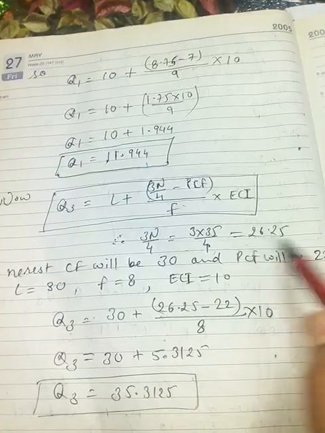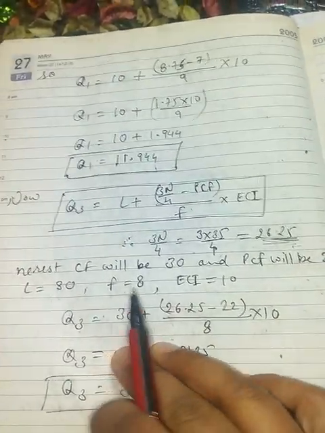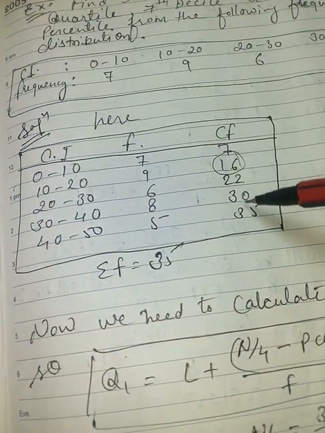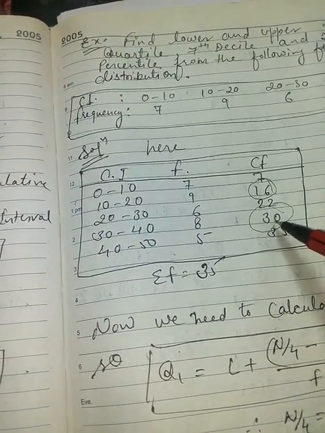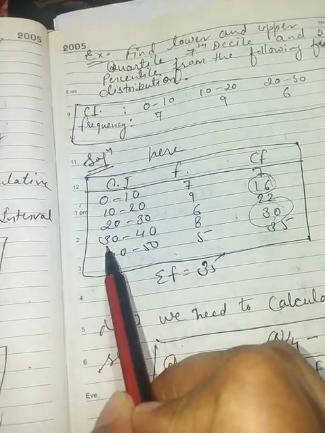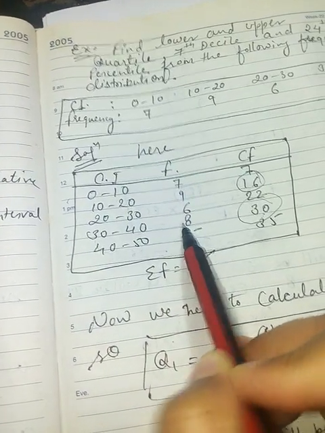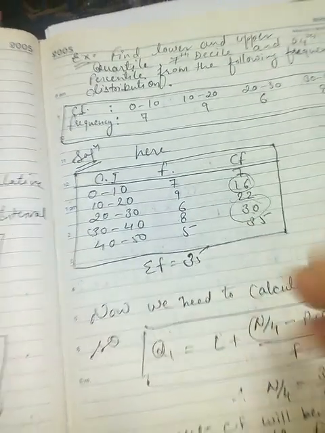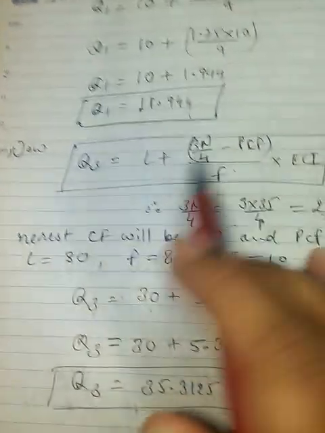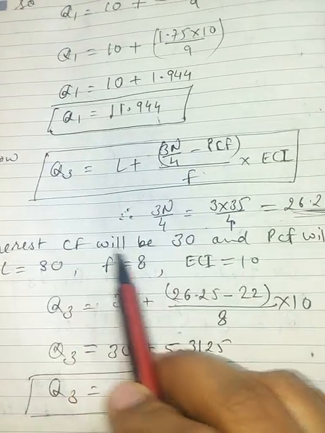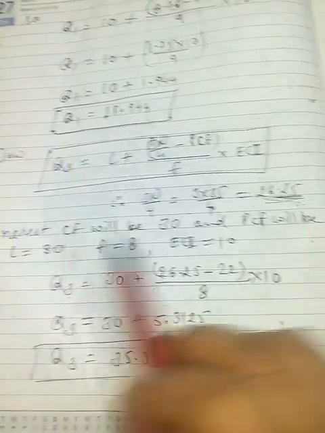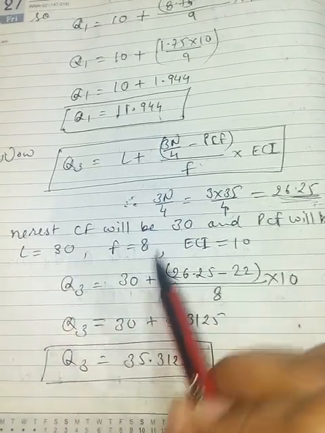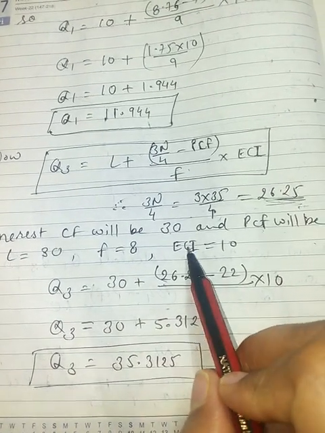Now I will check in the cumulative frequency column which number this value is nearest to. The value is 30. So the captured value is 30, the lower limit will be 30, the frequency will be 8, and PCF will be 22. So for Q3, the nearest CF will be 30, the preceding cumulative frequency will be 22, the value of L is 30, frequency is 8, and equal class interval is 10.